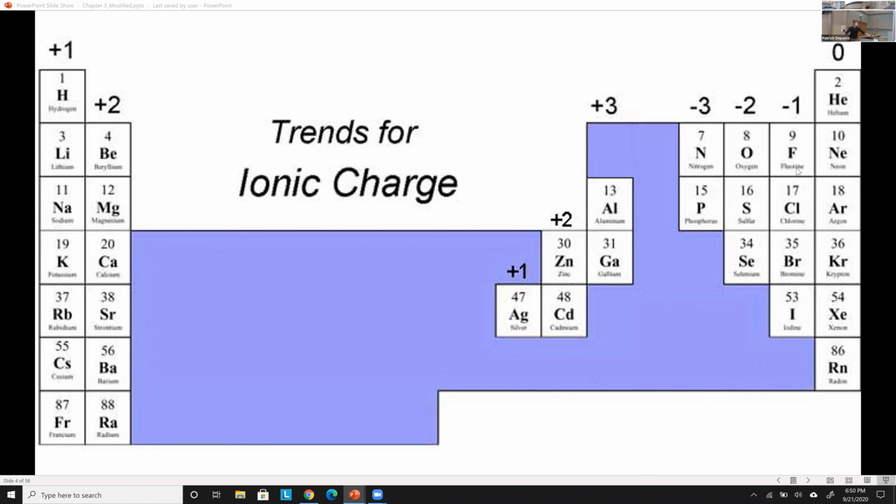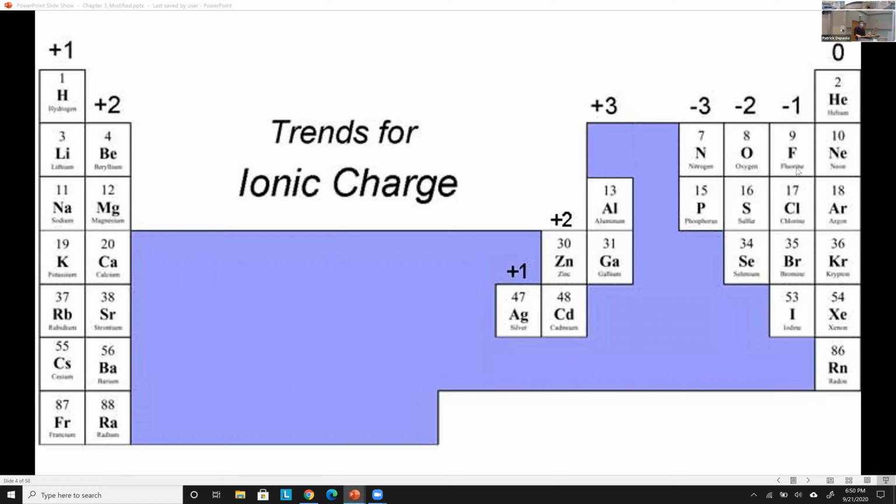They're doing that last push. They are looking for that last electron to get to their happy place, their happy 8 valence electrons. That's why they only tend to gain 1. And once they gain that 1, they go from neutral to -1 charge. So that's how that works. Any questions on how or why that works? All those 7A's are -1, is basically what I said. If you know that, you're good.